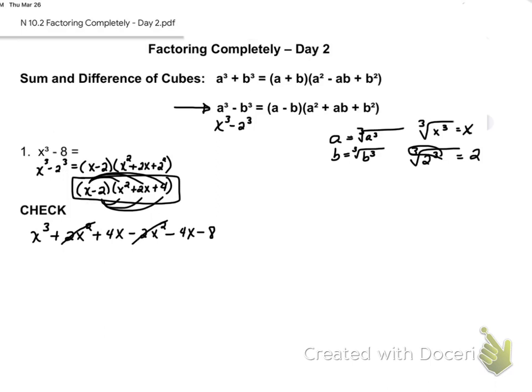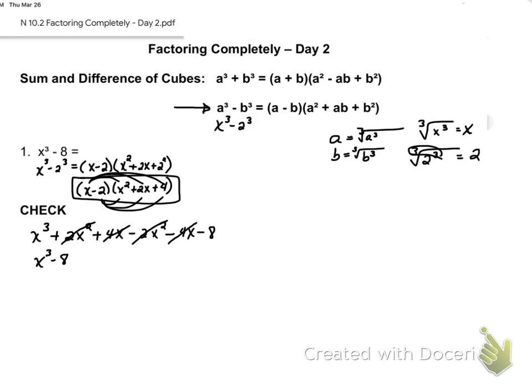Those are going to add to be 0. Then you've got a plus 4x and a minus 4x that also will add to be 0. And so what are you left with? You're left with x cubed minus 8, which is your original problem. So that was a correct factorization as a difference of cubes.